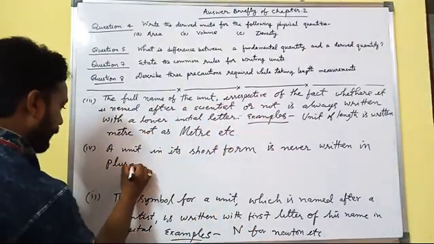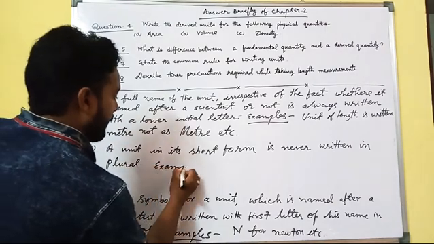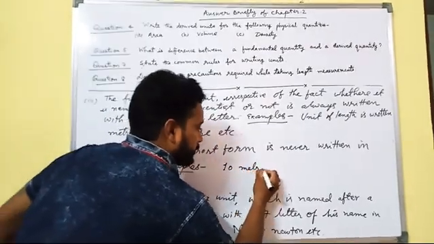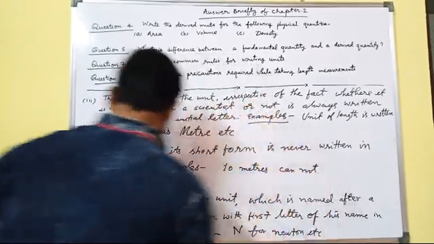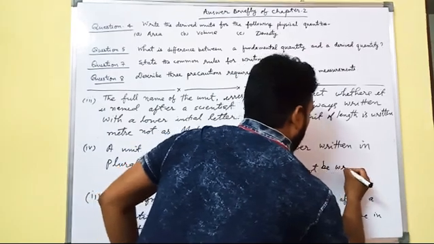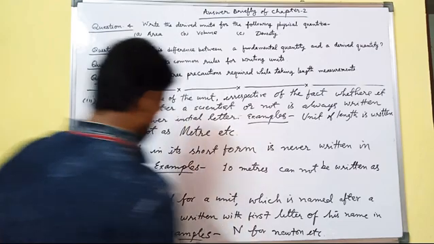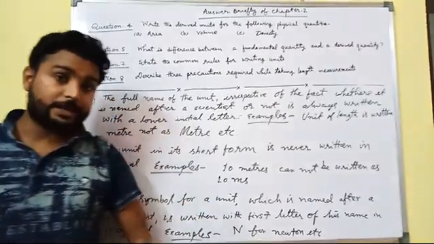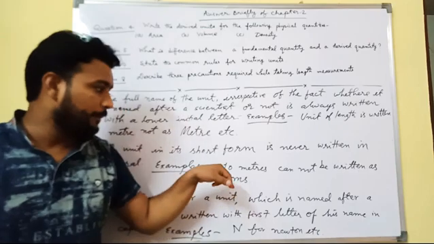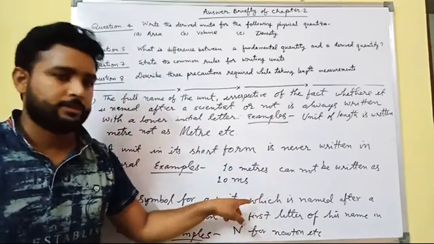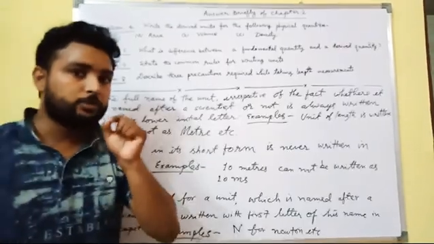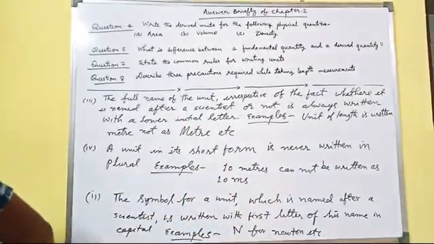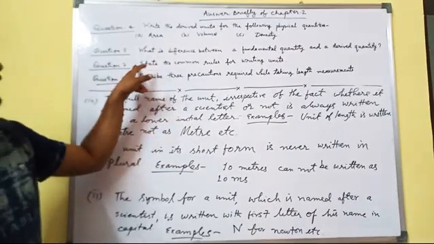Example: 10 meters cannot be written as 10 ms. It means, suppose the length of an object is 10 meters, then you have to write 10 m, M for meter, not 10 ms. So you can write 4 points in question number 7.